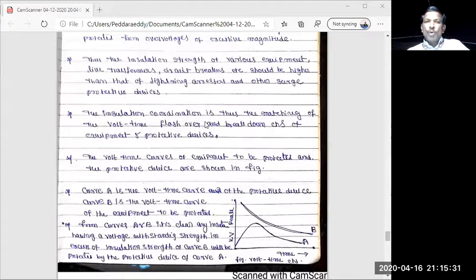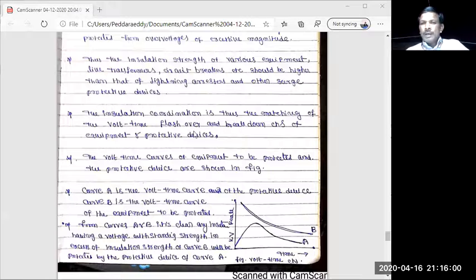So insulation coordination means the insulation strength of various equipment like transformers, circuit breakers, etc. should be higher than that of lightning arresters and other surge protective devices.